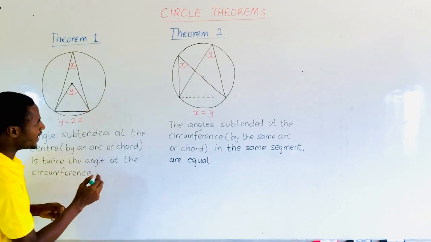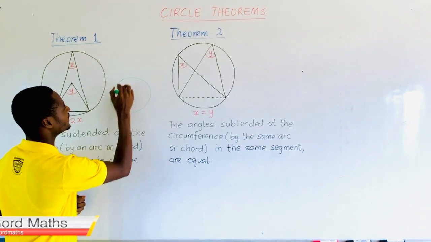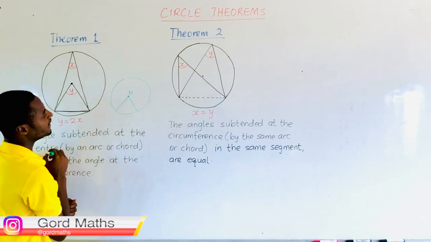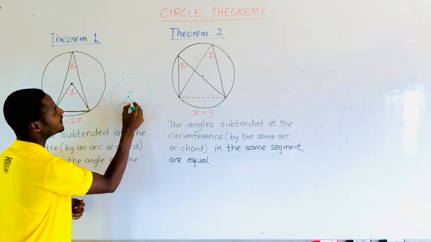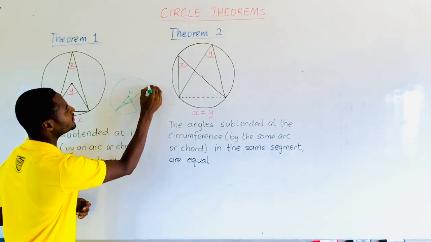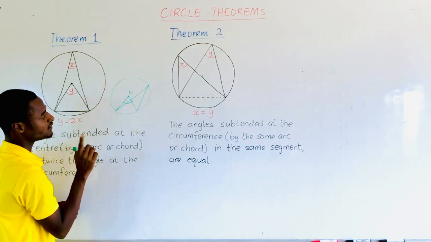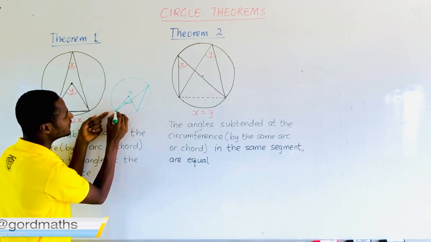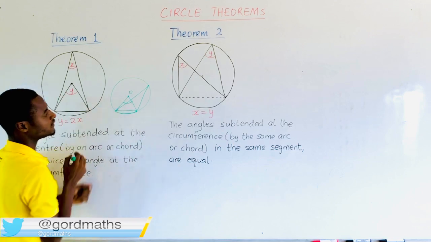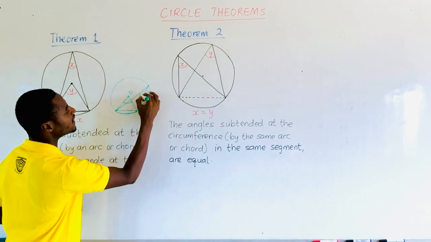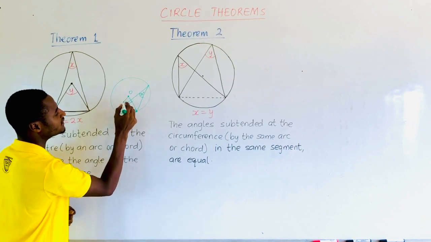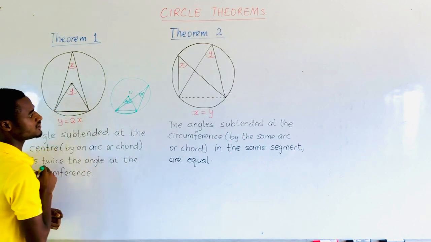And so if we have a circle with center O, then the angle at this center is twice the angle subtended on the circumference, provided that angle is subtended by the same arc or by the same chord. Therefore, if this angle is 20 degrees, then the angle at the center will be 40 degrees.